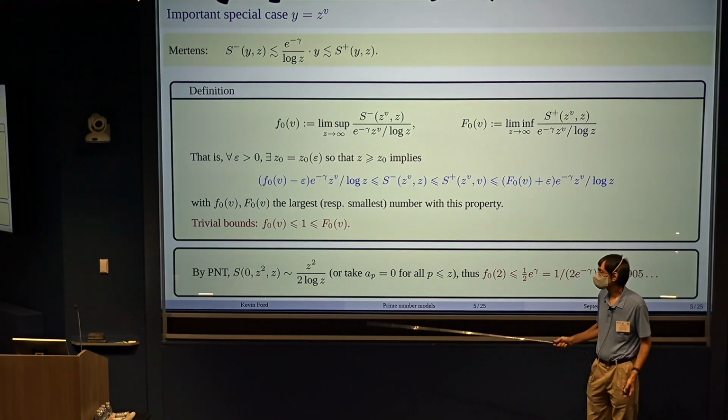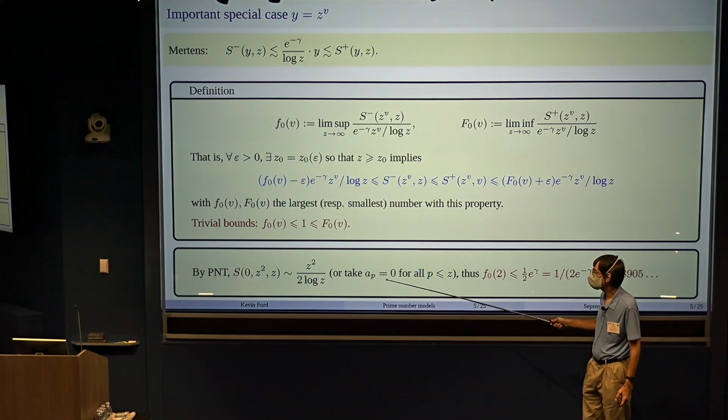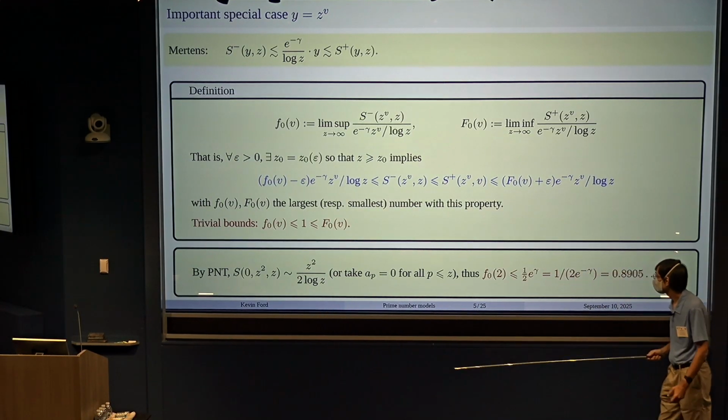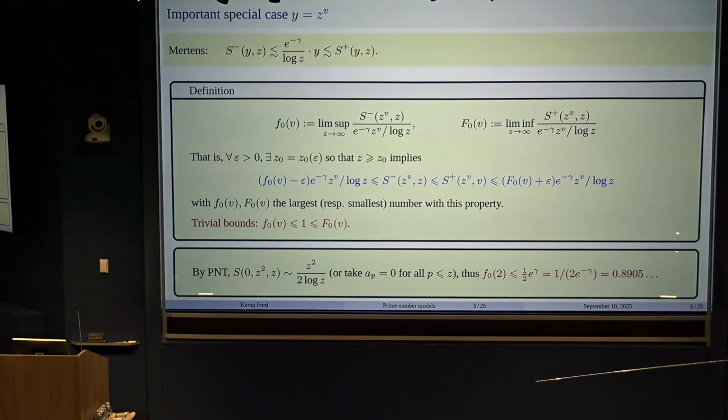Equivalently, using a residue sieve, you could take all your APs to be 0. And if you compute, what you get is an upper bound for little f0 of 2, which is strictly smaller than 1. It's about 0.890. So it's 1/2 e to the gamma.